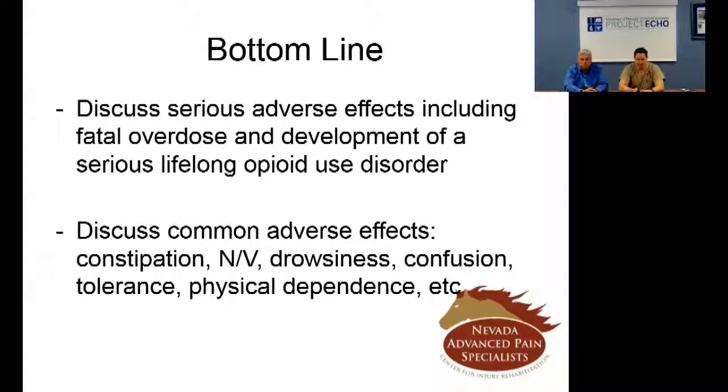It's interesting, especially in our clinic, being an interventional pain practice, we talk to patients all the time about adverse events that can occur with procedures, typically infection, bleeding, or possible nerve damage.